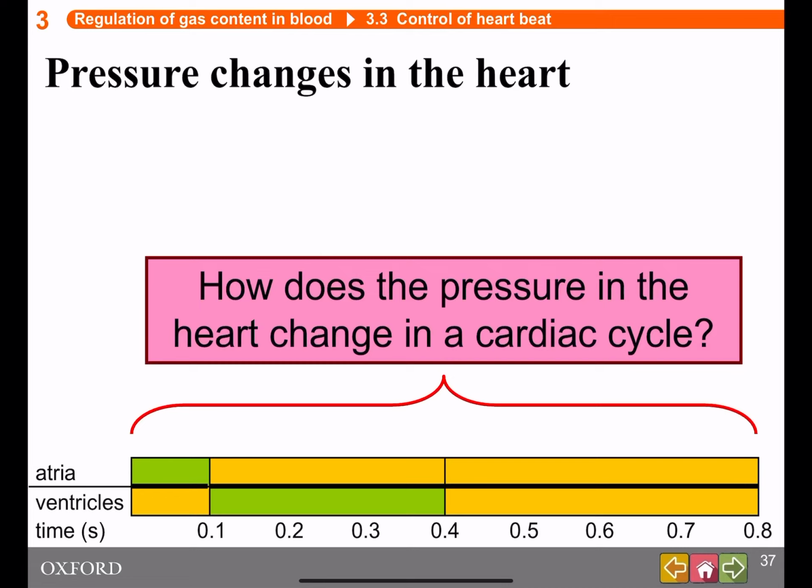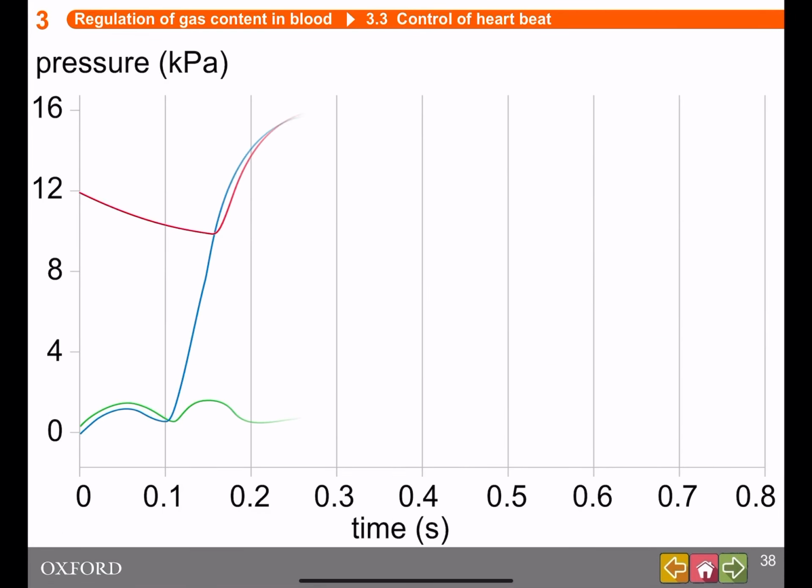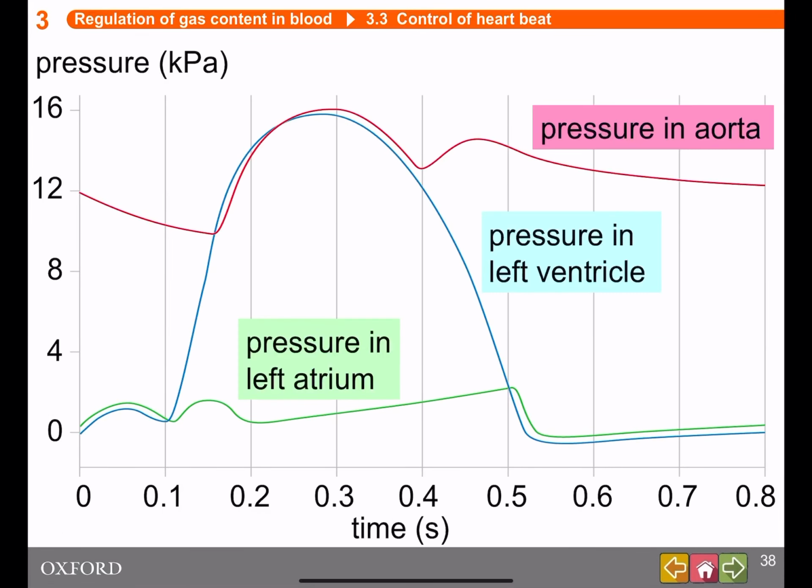Okay, now let's learn about the pressure changes in the heart during the cardiac cycle. We can learn it by this kind of graph. It has three curves showing the pressure changes in different parts. The green curve represents the pressure change in the left atrium, the blue curve the left ventricle, and the red curve the aorta.